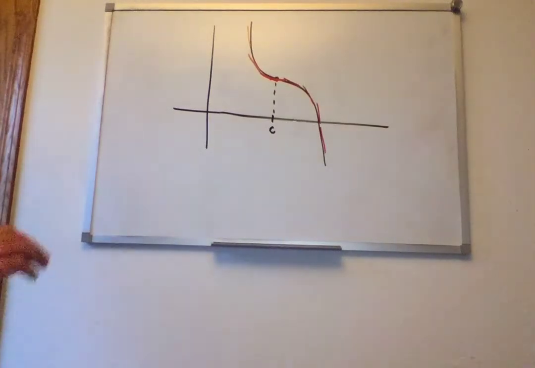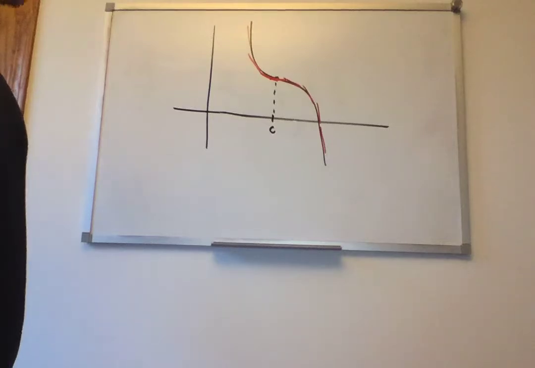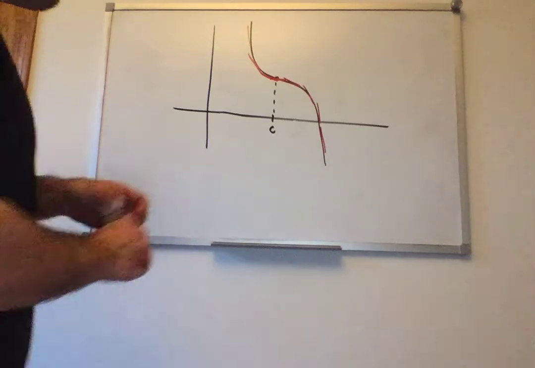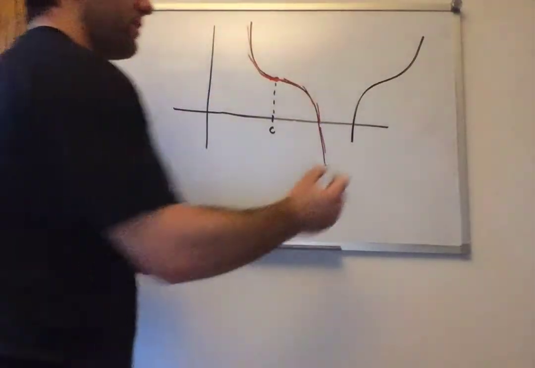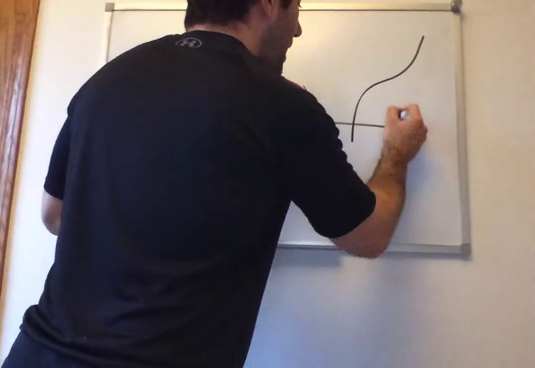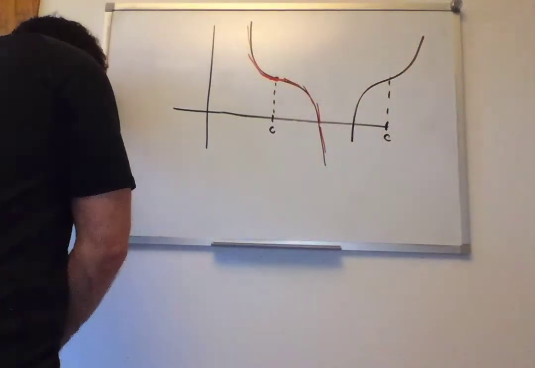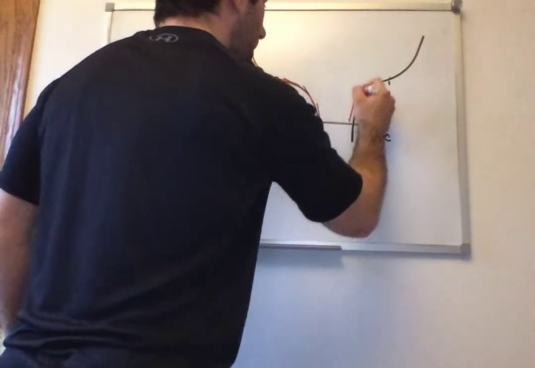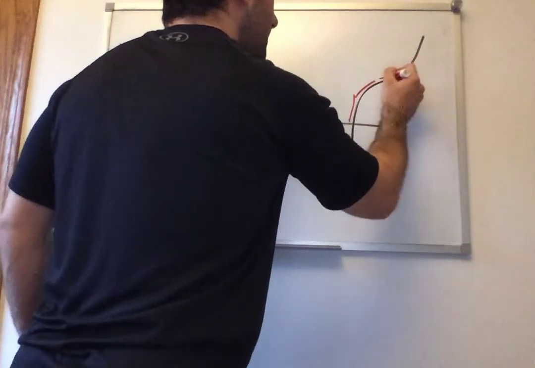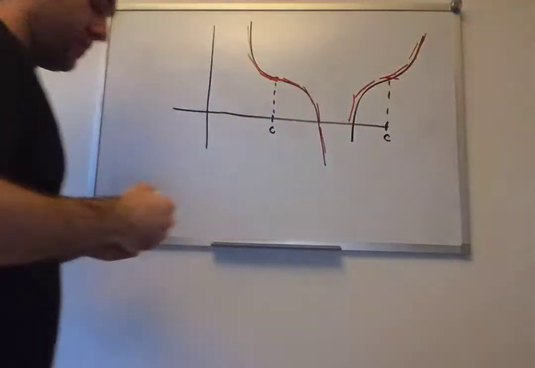Then f has no local minimums or maximums at C. Now, you could draw the same case for a positive cubic function. This would be the first part of letter C. Positive, positive, positive. Here it's 0. Positive, positive, positive, positive. Okay?